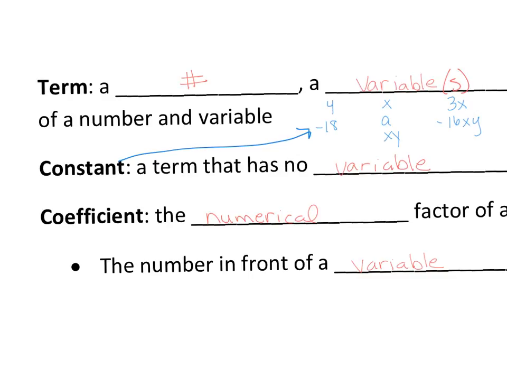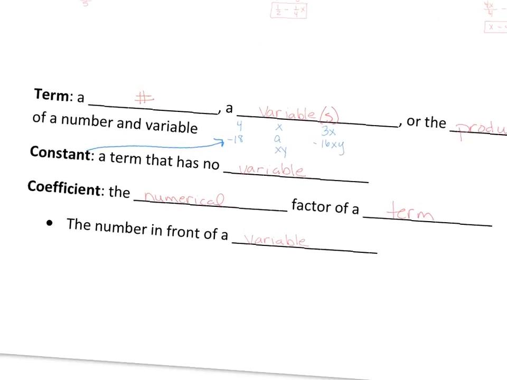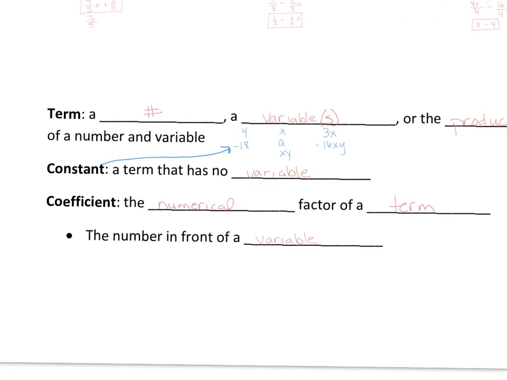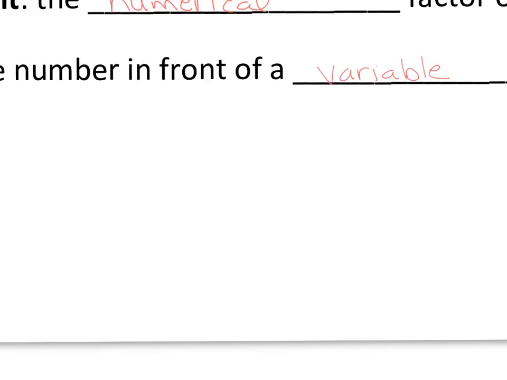Coefficient, the numerical factor of a term, okay? Numerical factor of a term. Again, a term can be any of these. A numerical factor has to be a number in front of a variable. And that's what I put right here, a number in front of a variable. So an example here of what we would have. If I say 4x squared y, okay, that is a term.